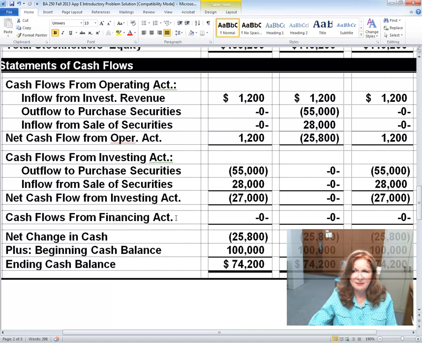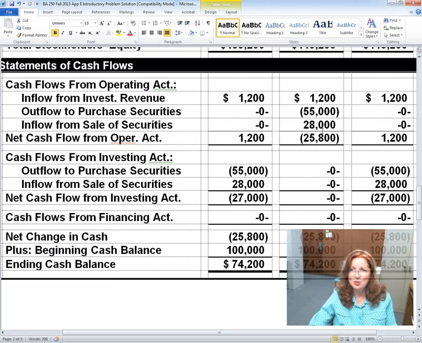And then as I'm looking down this column, the net amount of cash is the same, the ending balance is the same, and the net change in cash is the same, because these adjusting entries that we're focusing on for this chapter are all unrealized gains and losses. The realized gains and losses were the same under all conditions.